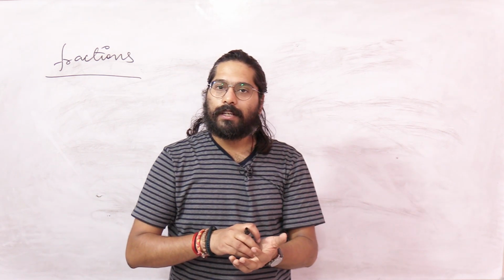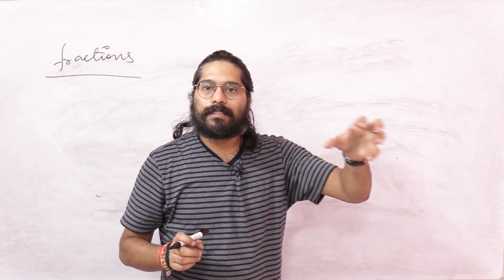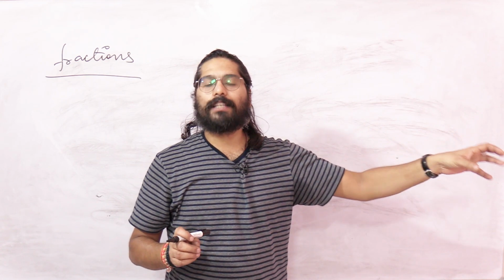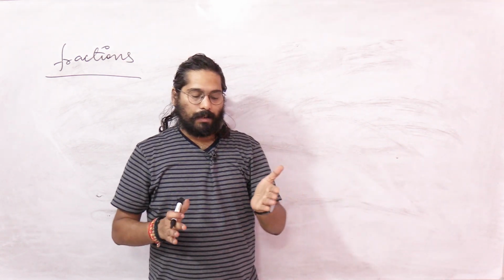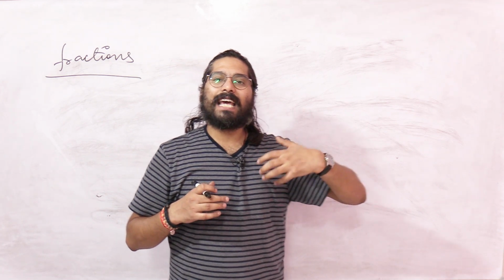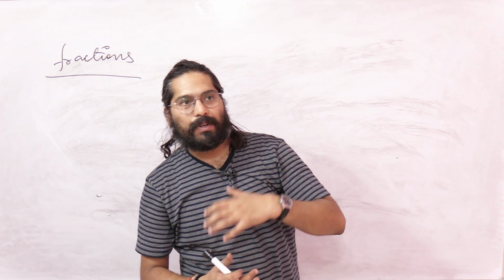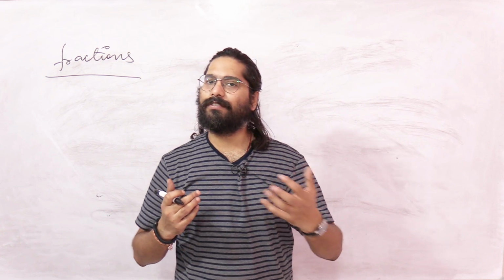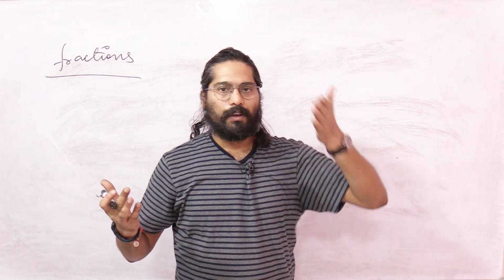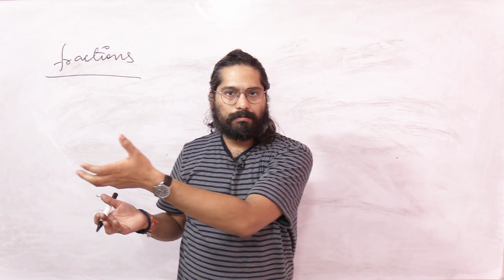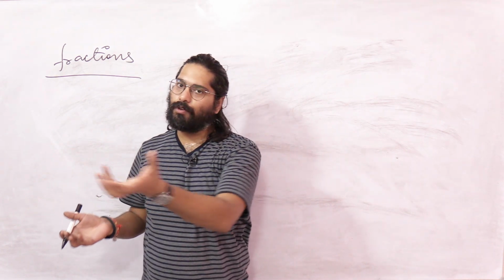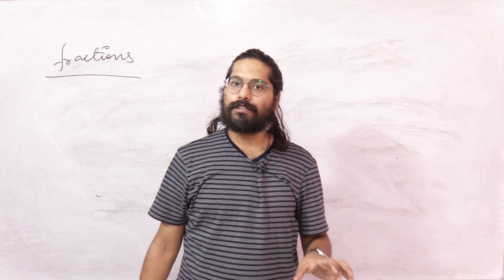Fractions were defined to divide things into parts. That is why fractions were defined. But a rational number is an abstract mathematical definition. A rational number is always defined as the ratio of two integers p and q, where q is not equal to 0, or whatever is in the denominator is not equal to 0. That is the definition of rational numbers.